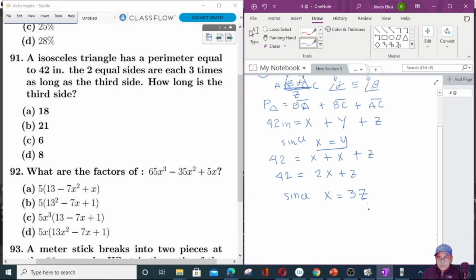So how can we compute this? If we substitute now the value of X here, based on the given condition, X is 3Z.